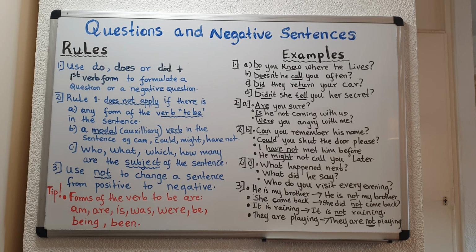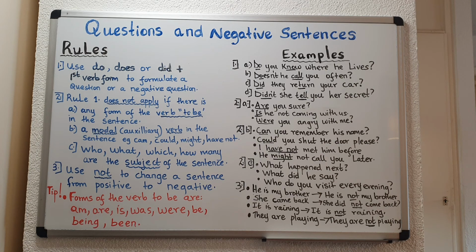It is raining. It is not raining. They are playing. They are not playing. Okay? So to change a sentence from positive to negative, you simply have to add the word not.